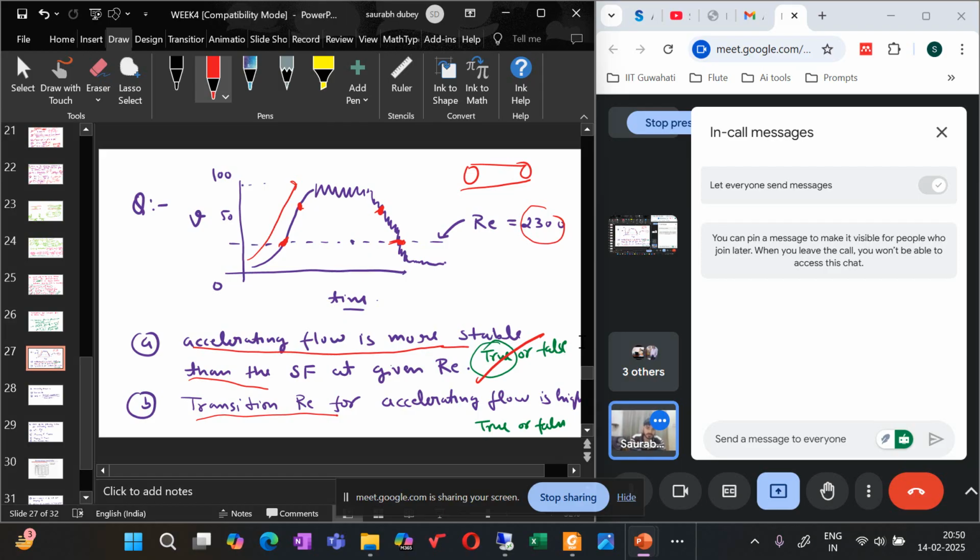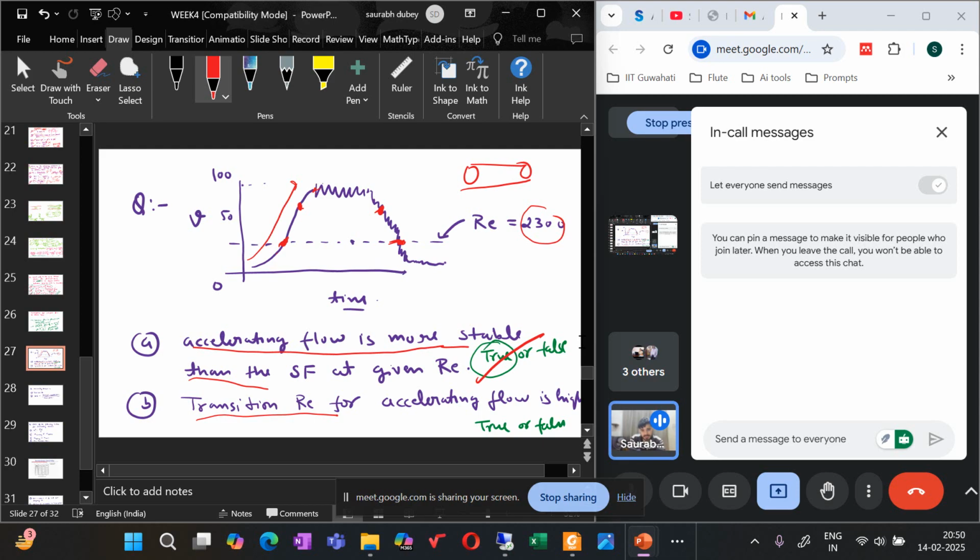And the next option: the transition Reynolds number for accelerating flow is high. Where is this transition happening? If it is accelerating, velocity will be increasing with time.